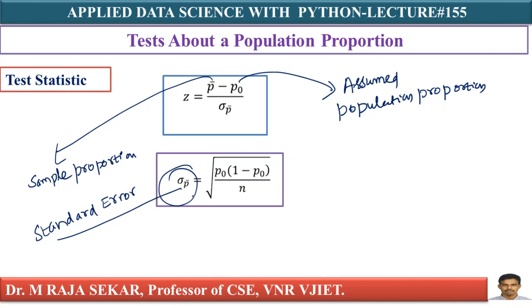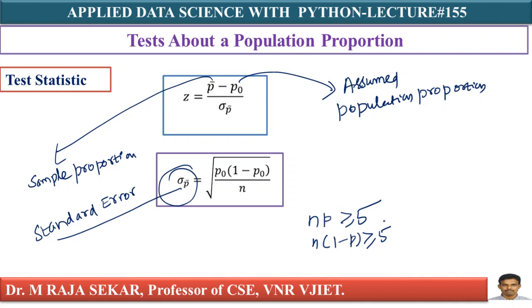The standard error is equal to under root of P naught, the assumed population proportion, into 1 minus P naught, that's Q naught I can say, otherwise under root of P naught into 1 minus P naught by n. One assumption here is that the value of nP is greater than or equal to 5, and n into 1 minus P is also greater than or equal to 5, because this follows a binomial distribution.